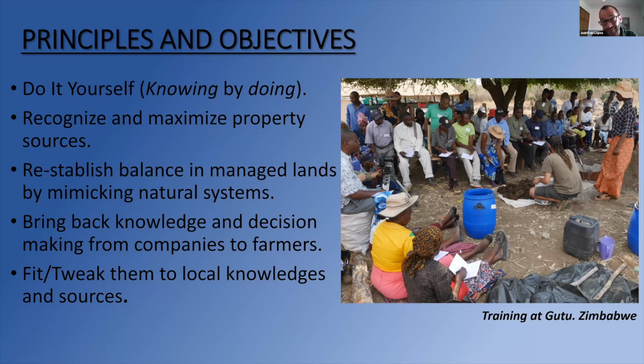And as Matt mentioned at the beginning of the introduction, the most important thing is to bring back the knowledge and decisions from companies to farmers. We have that chance, and we need to know or to practice agriculture further than just reading a set of recipes, because, as I said, every situation is different, every soil is different. So we need to understand that.